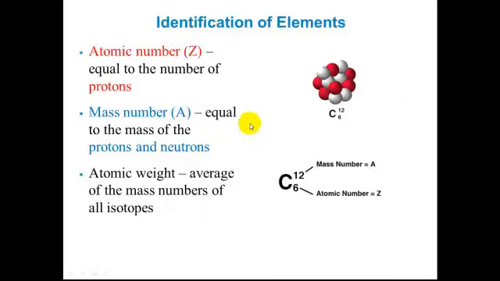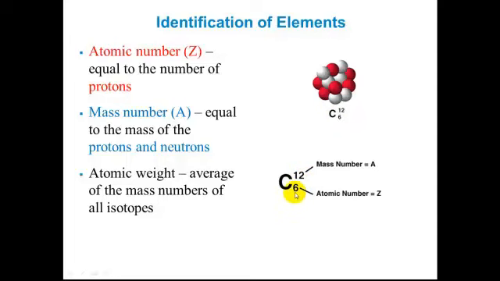As we try to identify elements, we have what's called the atomic number, and that is equal to the number of protons. As I said, that first rule is that the number of protons defines the element. The second number that we see is the mass number, and the mass number is equal to the number of protons and neutrons. So for this example C, which hopefully you recognize as being carbon, carbon has an atomic number of 6 and a mass number of 12.